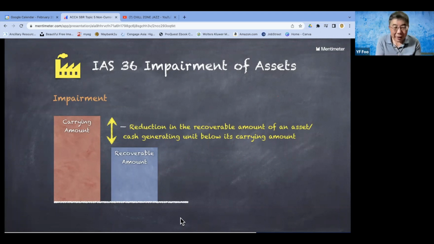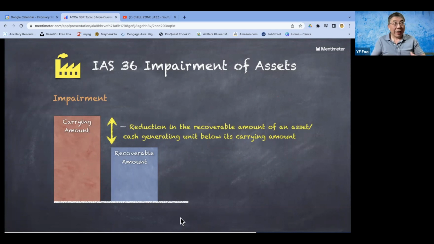Now, when it comes to an asset, you need to understand that the concern of the accounting standard setter is that people tend to want to overstate the asset, right? They want to show a better asset value in our statement of financial position, our balance sheet. Why?